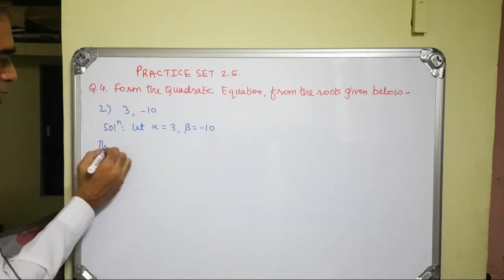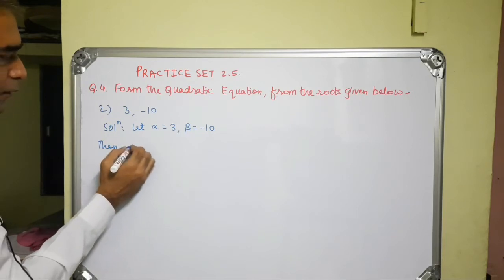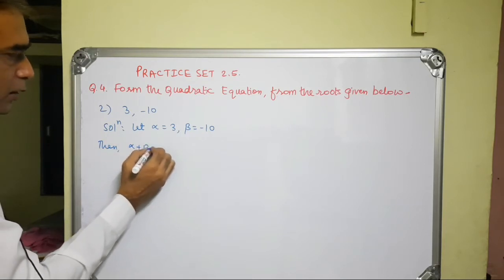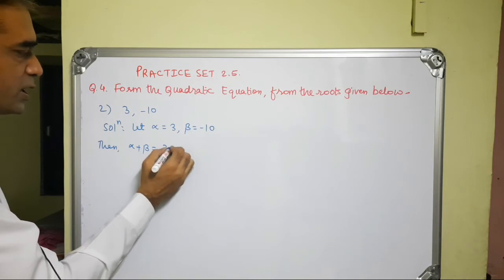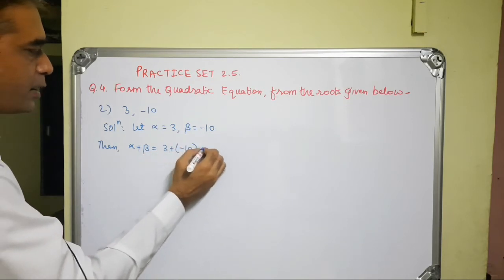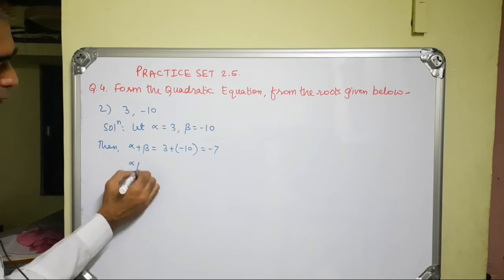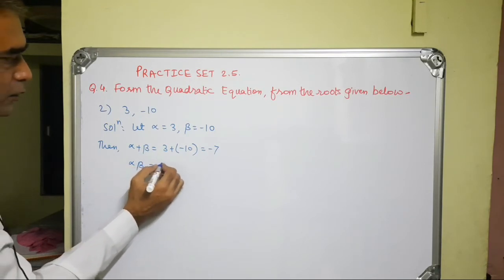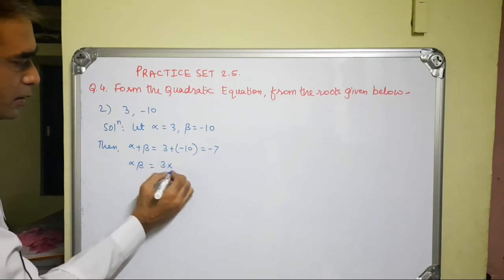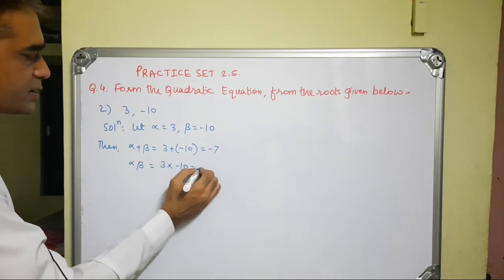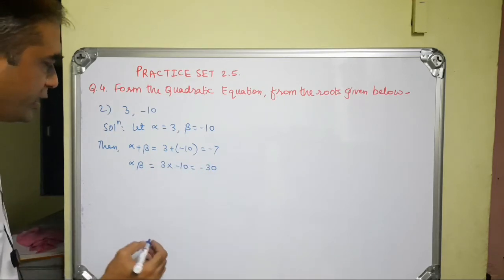Now here alpha plus beta equals 3 plus -10, and this equals -7, and alpha into beta equals 3 into -10, that equals -30.